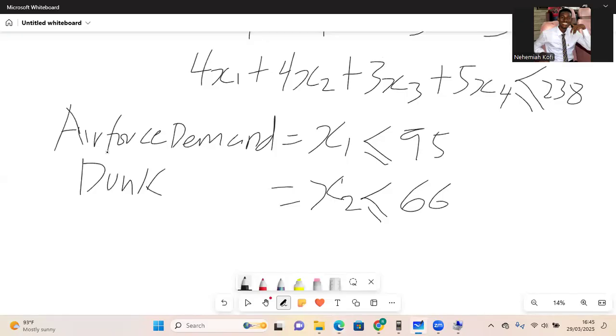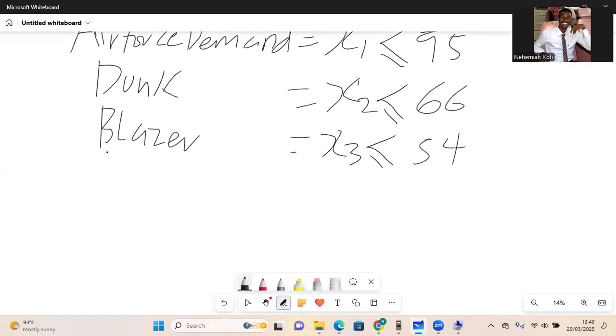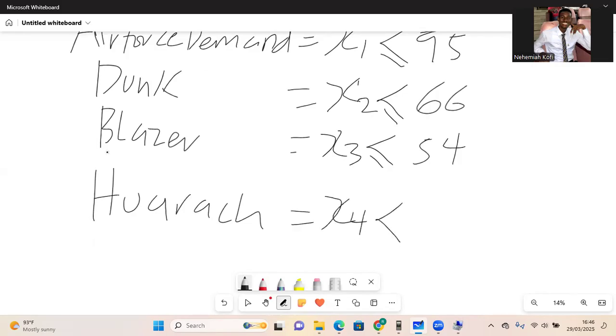Then the next one is Blazer, X3 less than or equal to 54. Then the other one, X4 is less than or equal to 40.